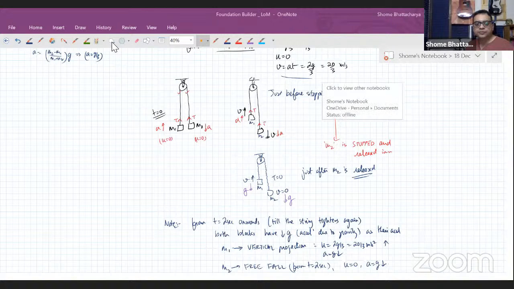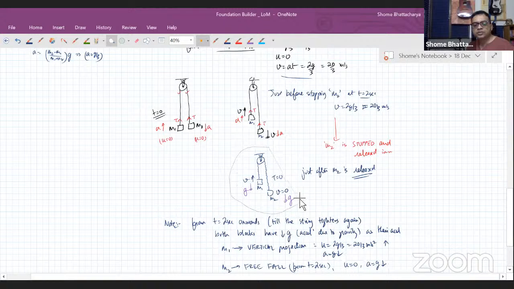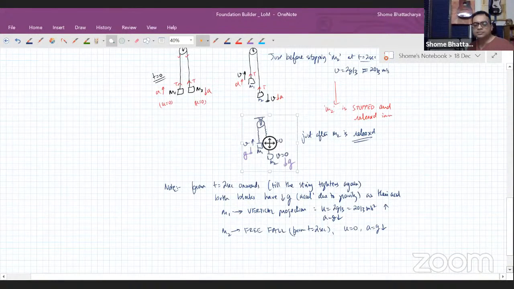Now we want to analyze when the string will become tight again. This is the situation just after M2 is released, at t equal to 2 seconds.